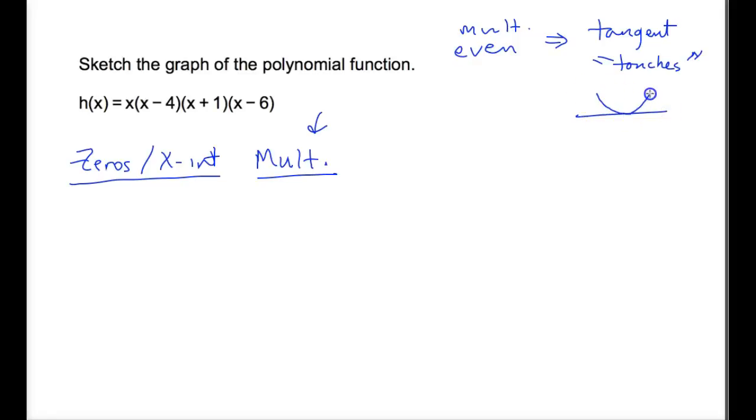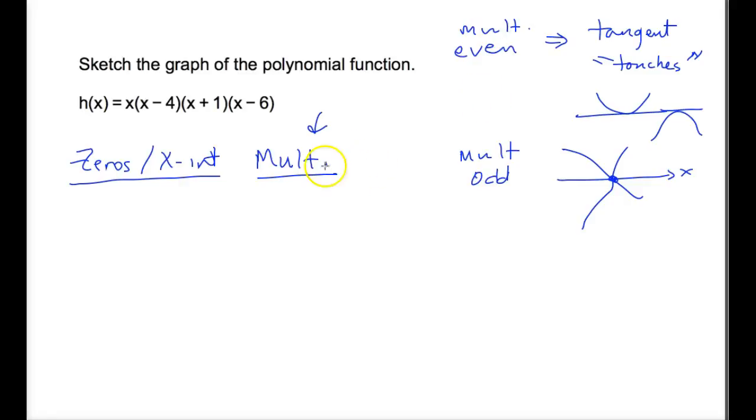So you'll have something that looks like this or something that looks like this. Okay? If the multiplicity is odd, then the function will cross through the x-axis either like this or like this on the x-axis there. So that is what even and odd multiplicity means.